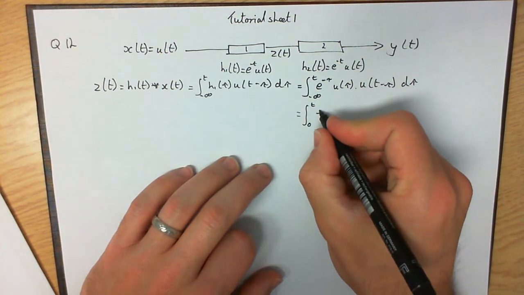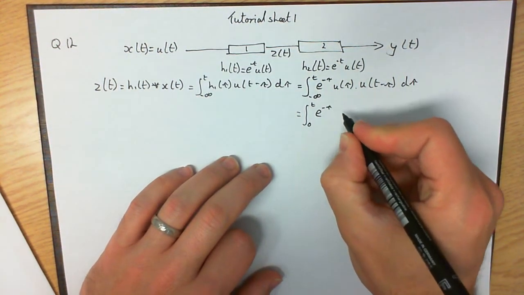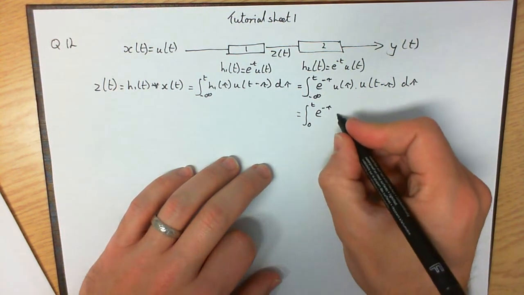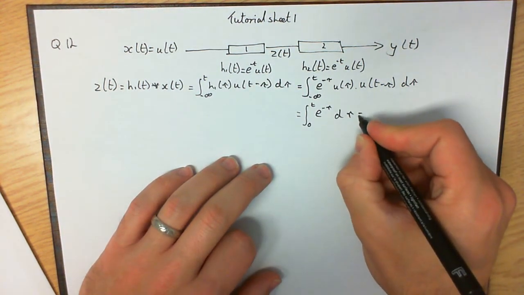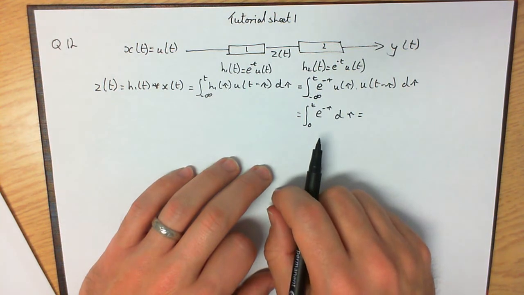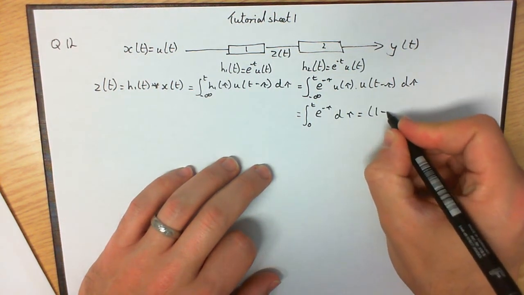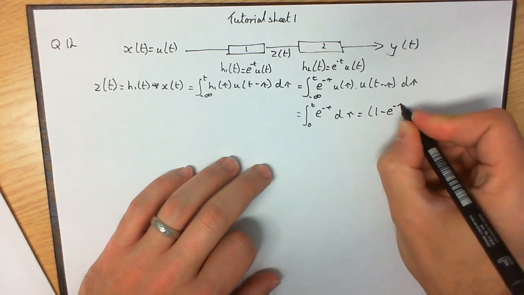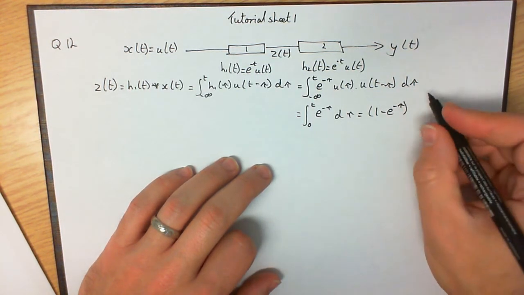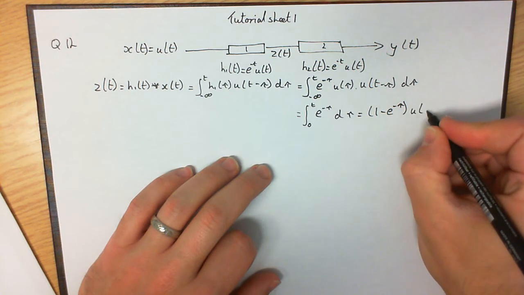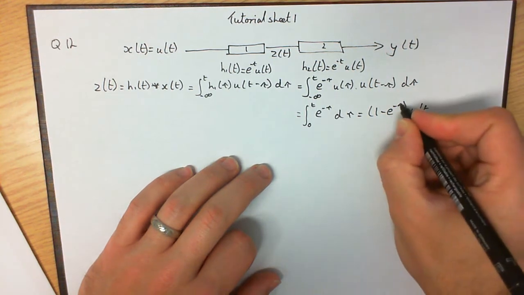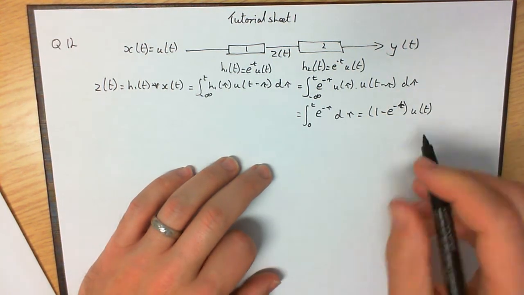And there we're just carrying out the integral of e to the minus tau d tau, which is a relatively simple integration, giving 1 minus e to the minus t, multiplied by u of t.